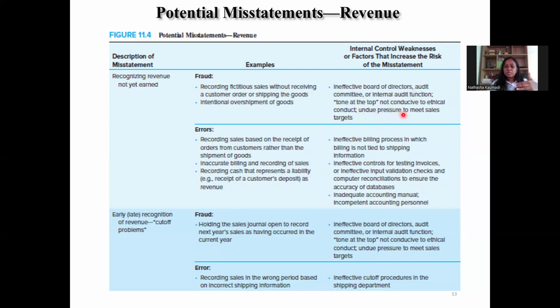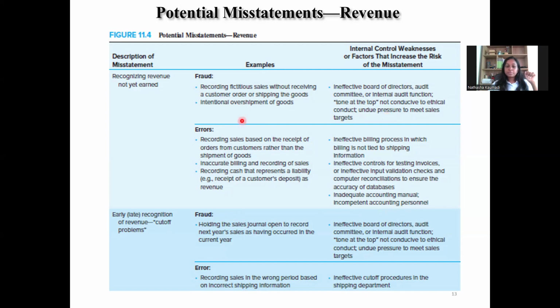Tone at the top not conducive to ethical conduct, undue pressure to meet sales targets. Maybe managers themselves try to increase the sales by recording fictitious sales just to meet the sales targets and earn the bonus. So those are the internal control weaknesses.